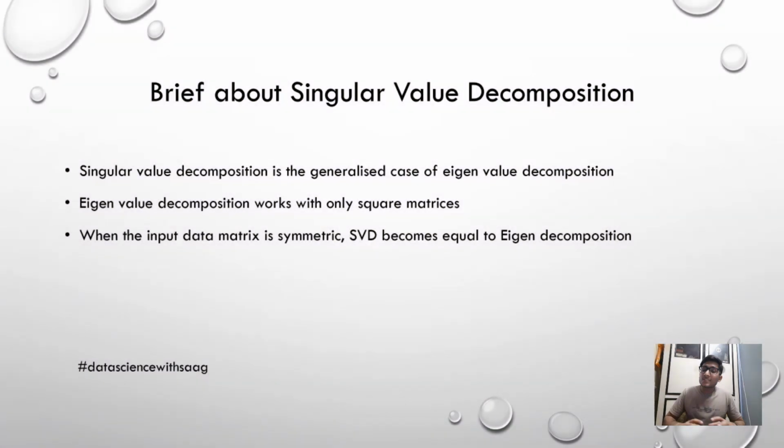Here we would try to relate singular value decomposition with our eigenvalue decomposition. So singular value decomposition is a generalized case of eigenvalue decomposition. While eigenvalue decomposition requires square matrices, singular value decomposition can work with all kinds of matrices. When the input data matrix is symmetric, SVD becomes equal to eigen decomposition.